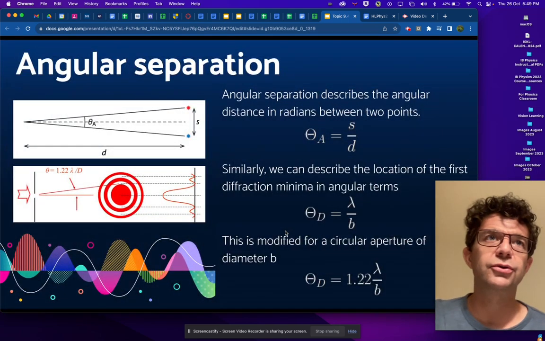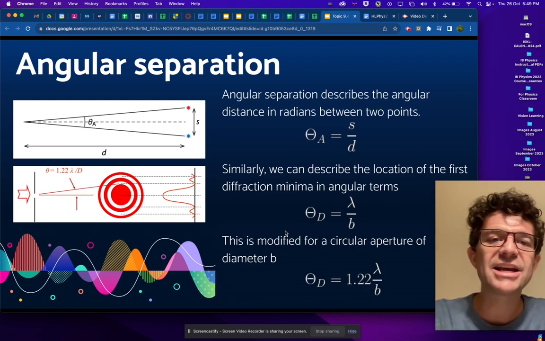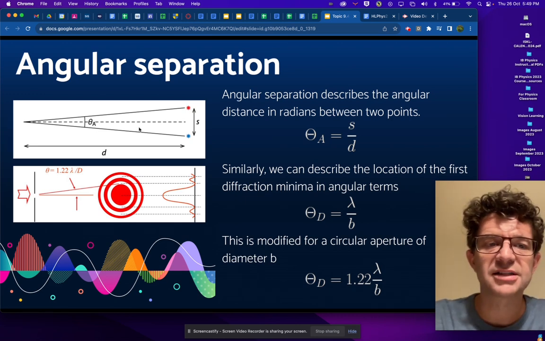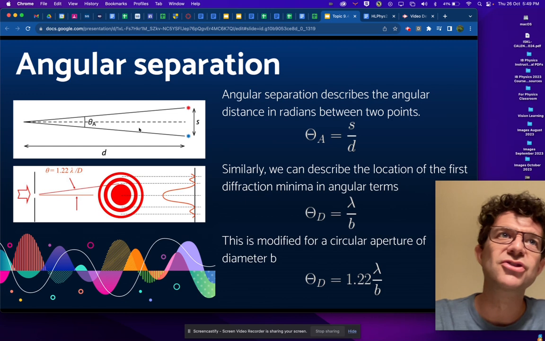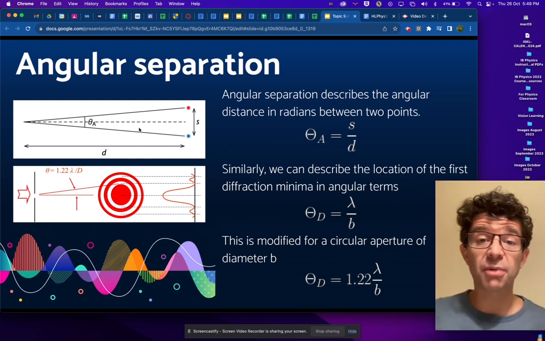In order to describe the Rayleigh criteria for resolvability, we need to know what the angular separation means carefully. Angular separation is defined as the ratio between the separation of objects and the distance to them. We're always going to be working with a small angle approximation here. Nobody has trouble resolving things that are large angles apart from each other.